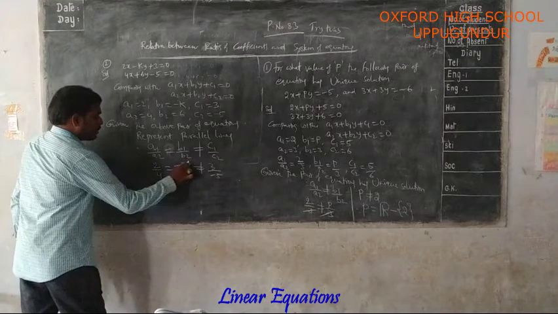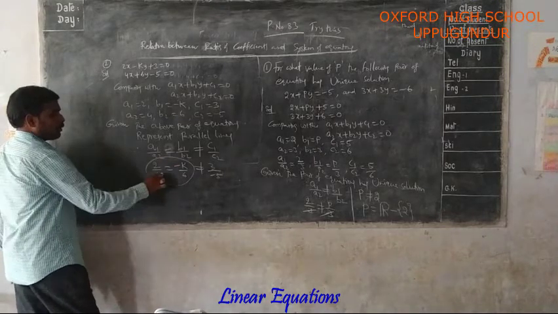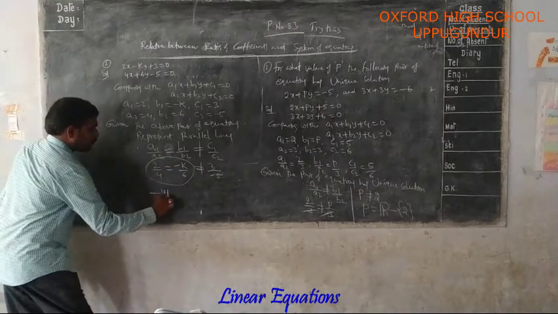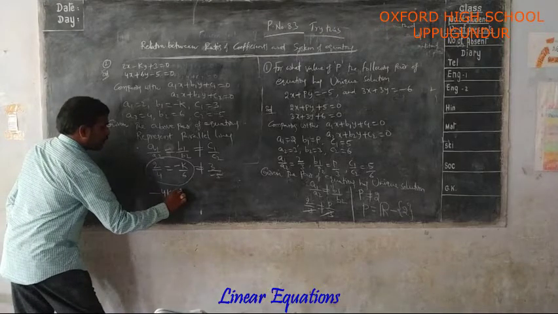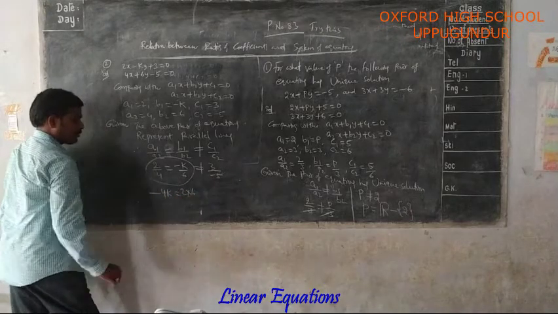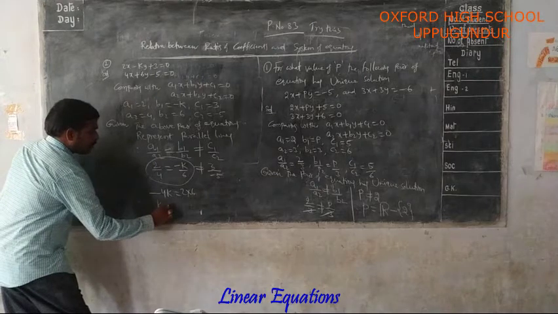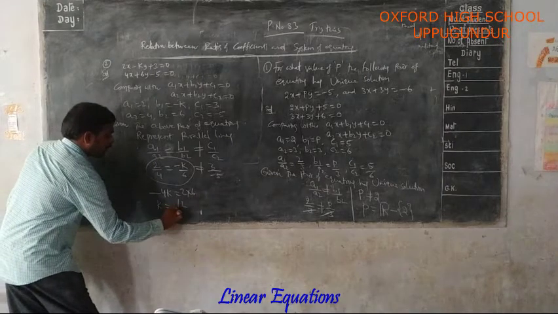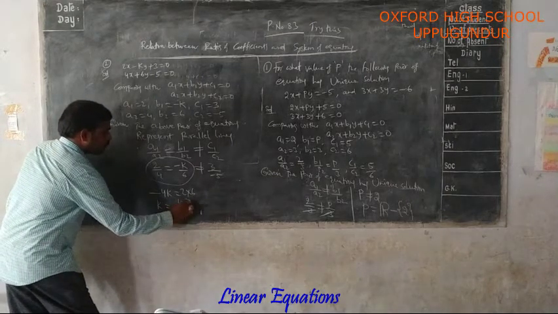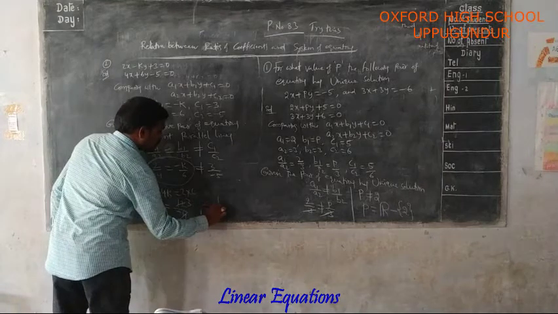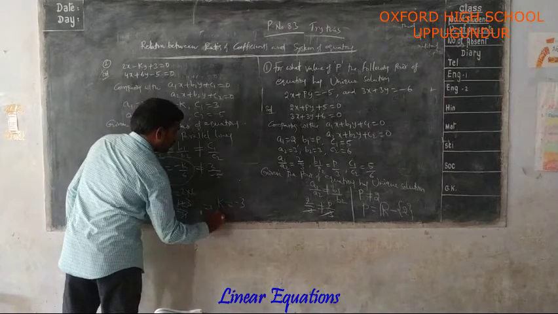Comparing these two ratios, 4 into minus k, minus 4k equal to 2 into 6. k equal to 12 by minus 4. That implies k equal to minus 3.